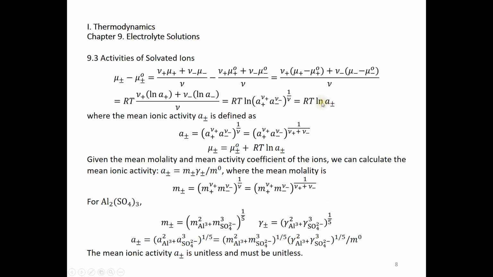So what's the logarithm of mole per gram? I mean, it does not make any sense. So right here we can remove the unit, and also there's another reason. Hypothetically, we use this M0 as a standard state for the ions. You'll see that later. Again, the mean ionic activity A plus minus must be unitless.